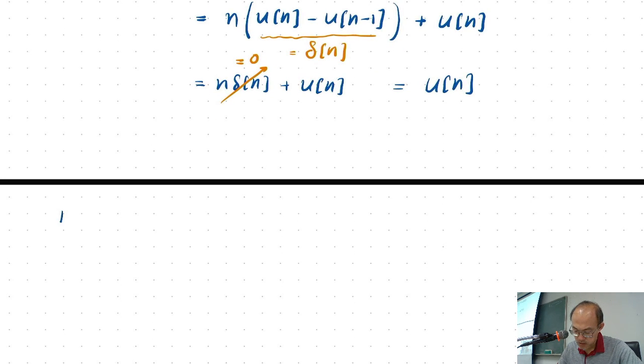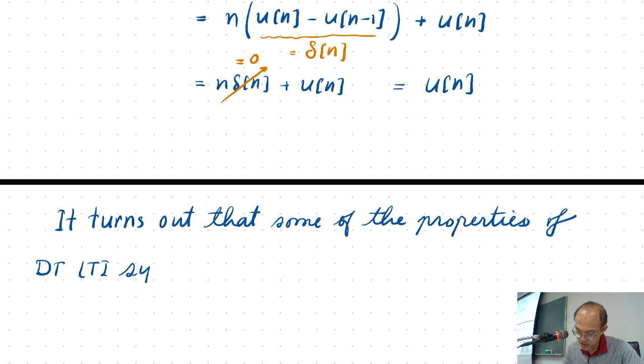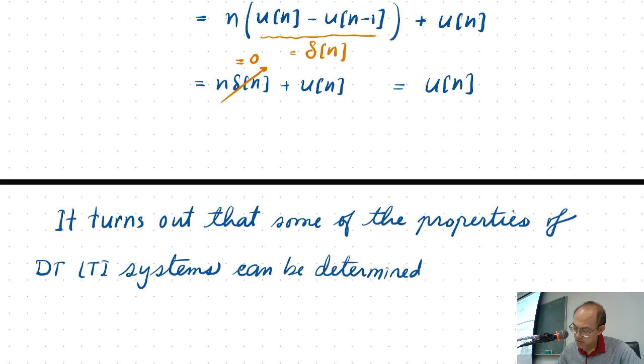Now, it turns out that some of the properties of discrete time LTI systems can be determined using only their impulse responses.